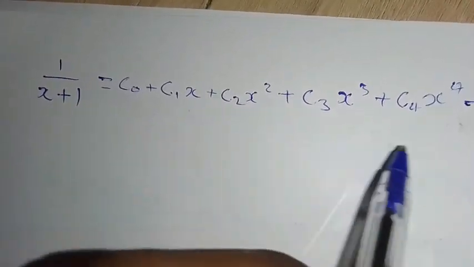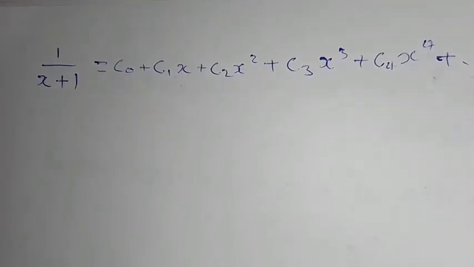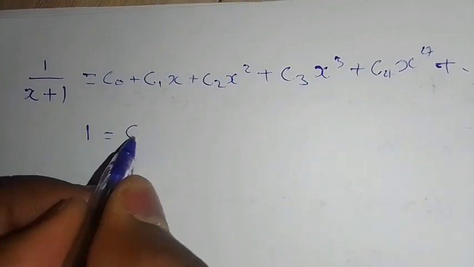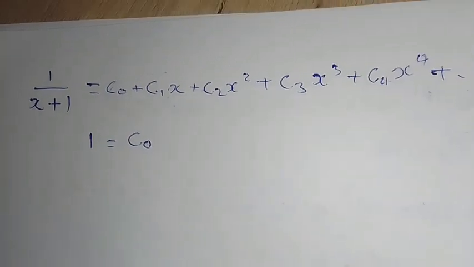If you plug in 0 here, you have 1 over 1, which is just 1. And if you plug in 0, every x term will be 0, so you end up with c naught equal to 1.